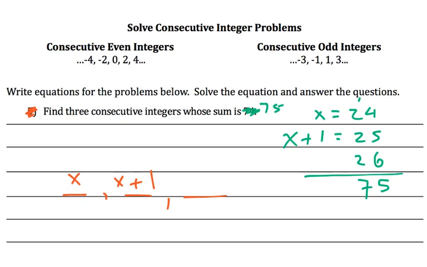And this next value would be 2 more from where I started. Because this would be x plus 1, and this one would be x plus 1 twice. So as I go step to step, I can look at it a couple different ways to see how I could figure out these consecutive integers.